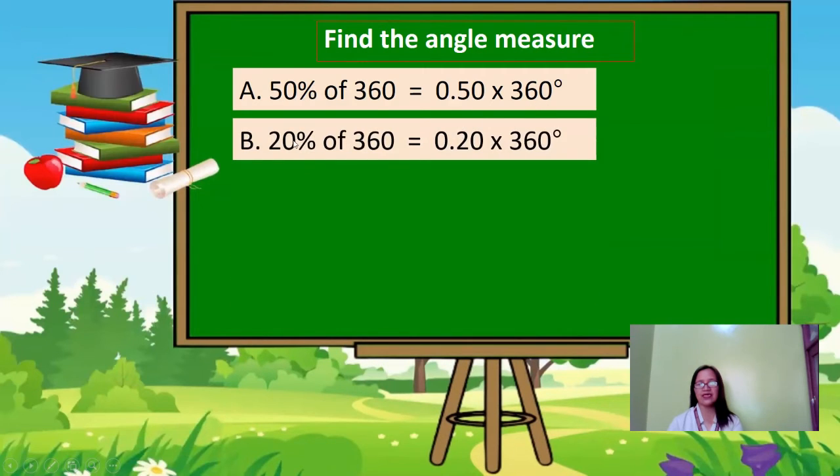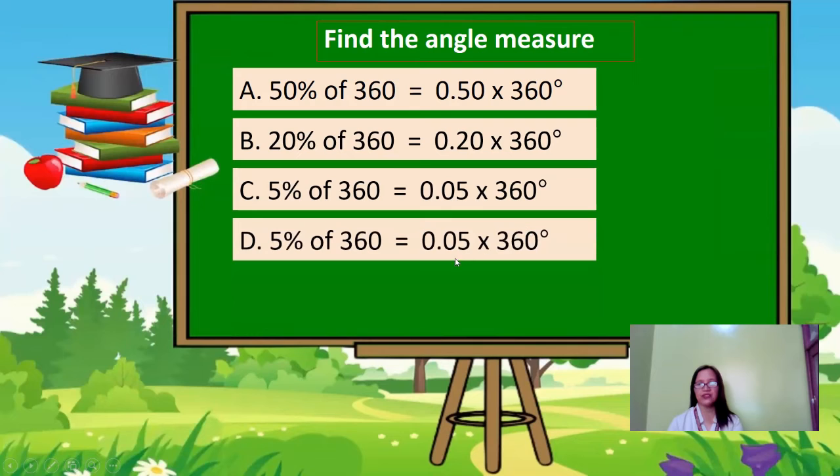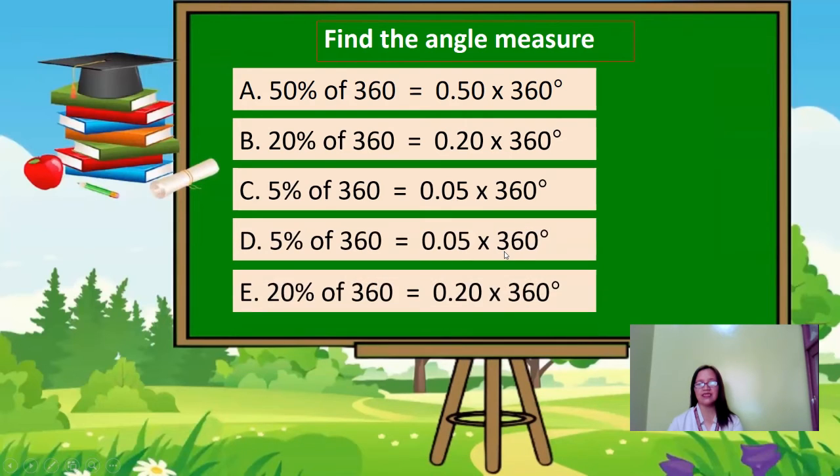Next, 20% of 360 equals 0.20 times 360. I will show you first the multiplication process. Then letter C, 5%, 0.05 times 360 degrees. Then letter D, 0.05 times 360, and letter E, 0.20 times 360.